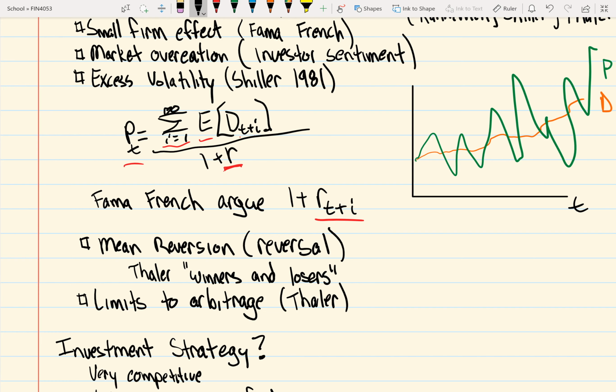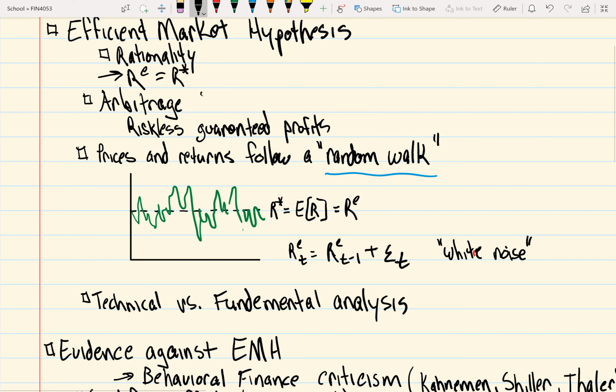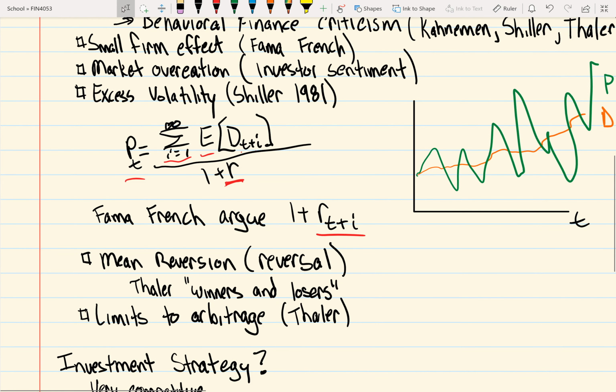Also, this is not in here either, but it does have to do with the idea of arbitrage, and that's why the efficient market hypothesis would hold. So Richard Thaler does a lot of work with limits to arbitrage. He essentially argues that there are frictions within the market that don't allow people to perfectly arbitrage, like short selling. There's cost to doing that.